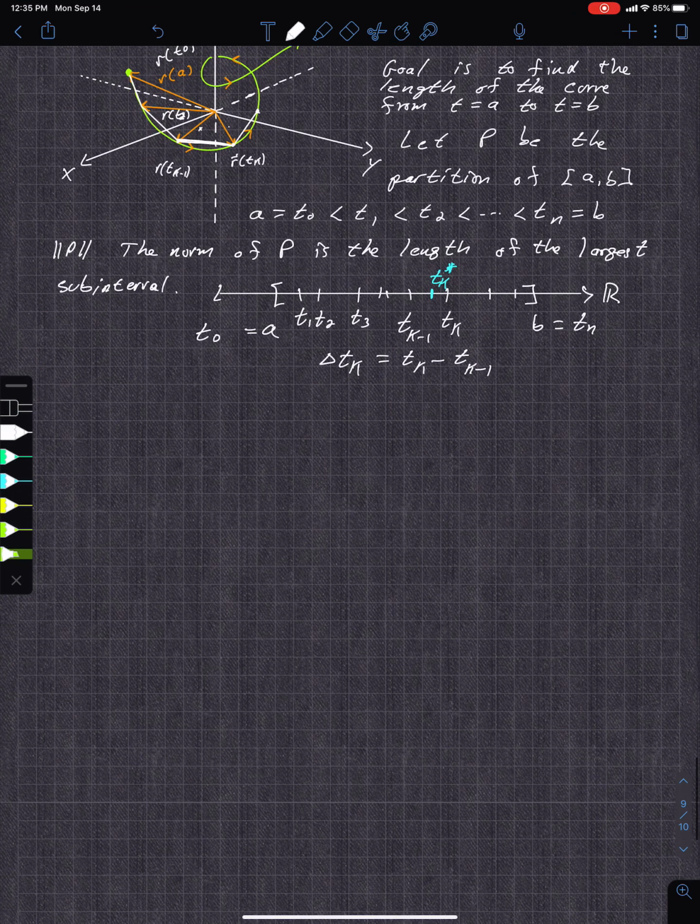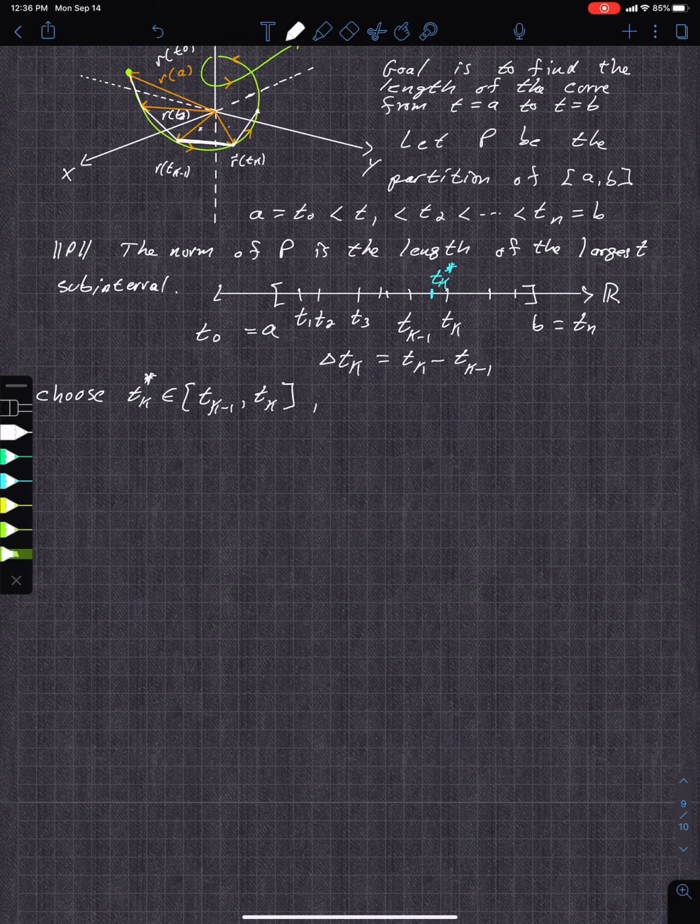And then we will choose my t sub k star in the kth interval, t sub k minus 1 to t sub k. Okay, so we choose t in there.